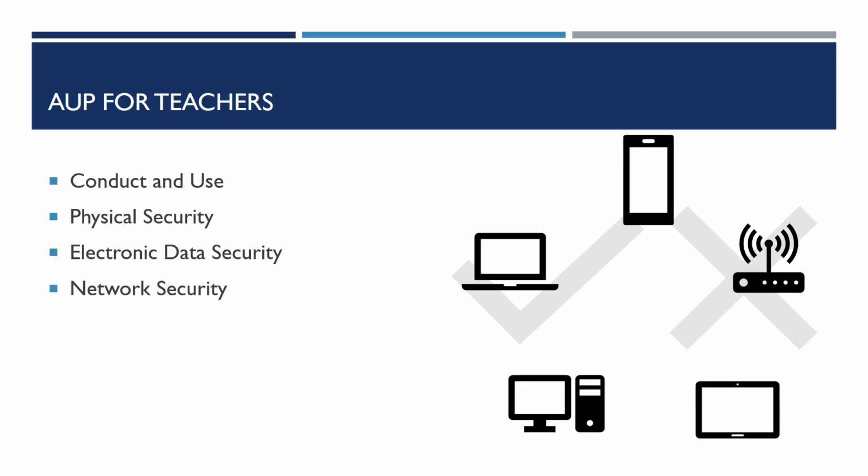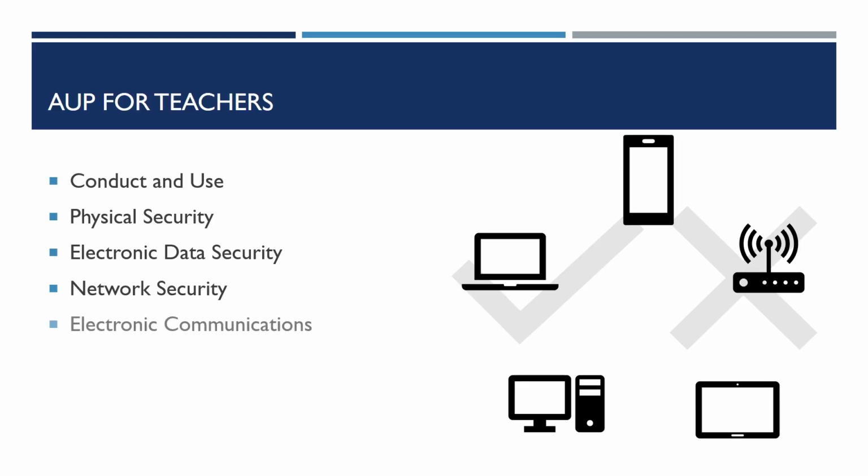When teachers are using the school district network, they should only be accessing information relevant to educational or business purposes. They should also only post information to the school district network or internet site which is for educational or business purposes. And teachers are not allowed to remotely access the school district network unless they have been authorized by a supervisor.